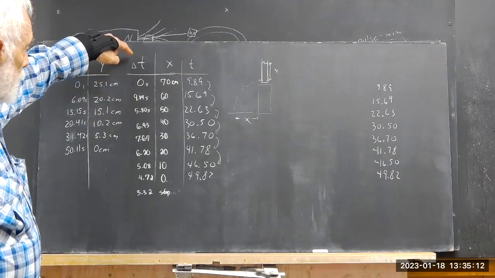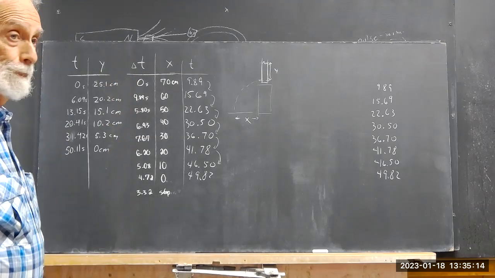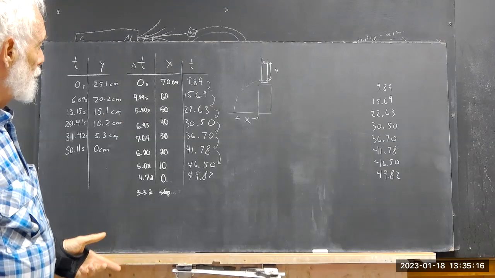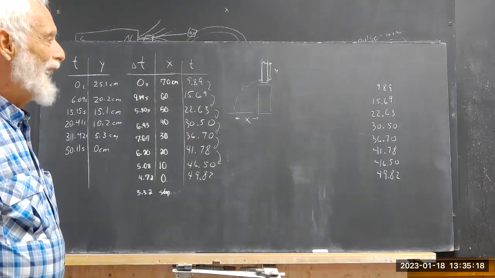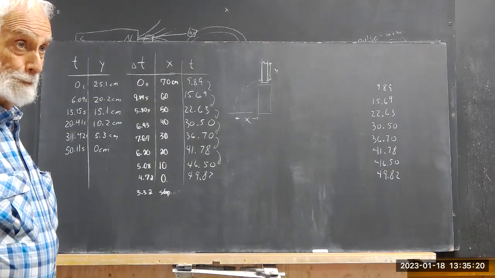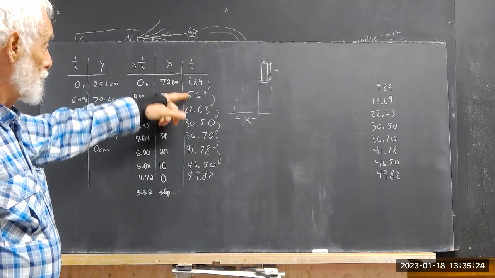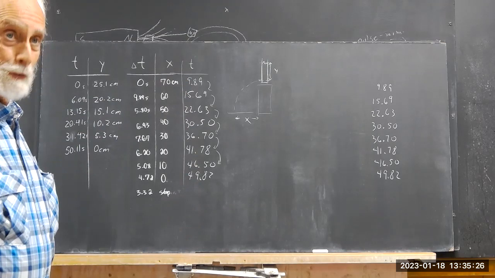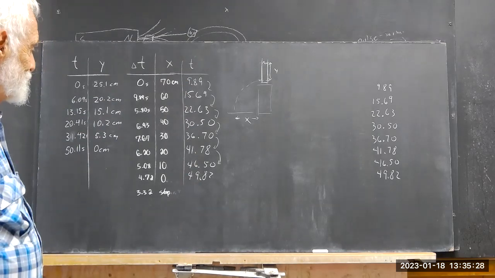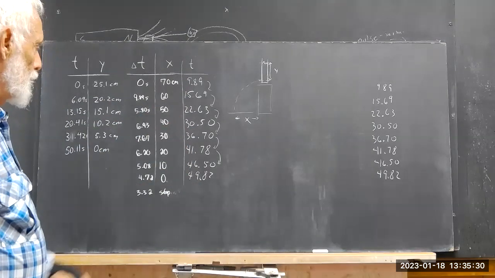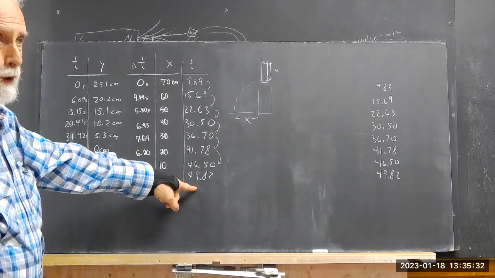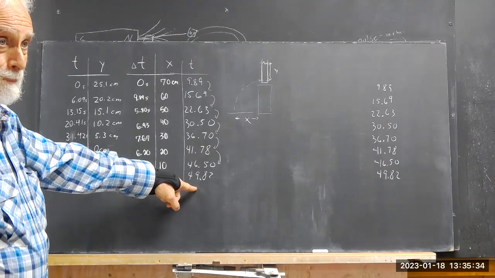Okay. Here we did lap times, which is fine. And I added up the lap times in my head. So we don't take these things too awfully seriously, but I kind of think they're okay. I got a total running time of 49.82 seconds.